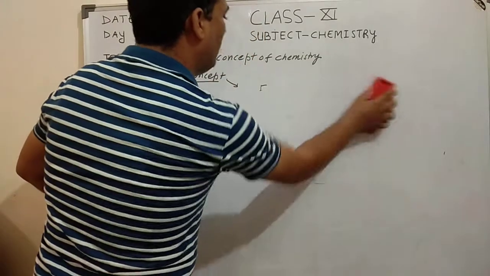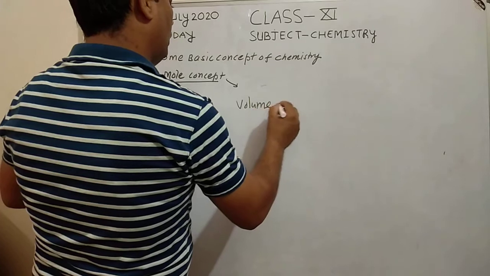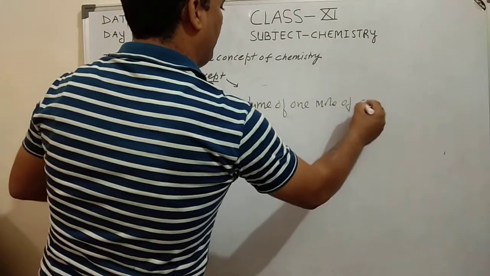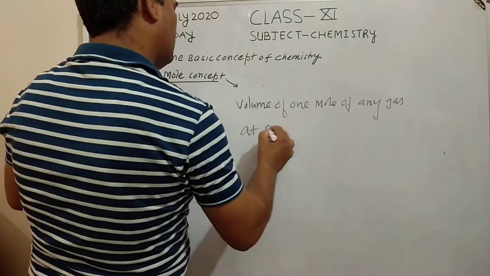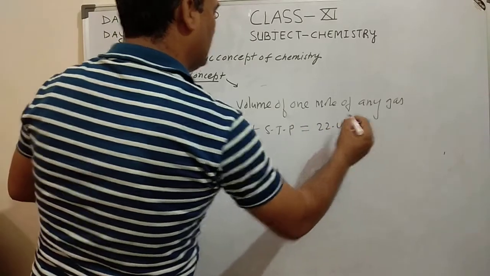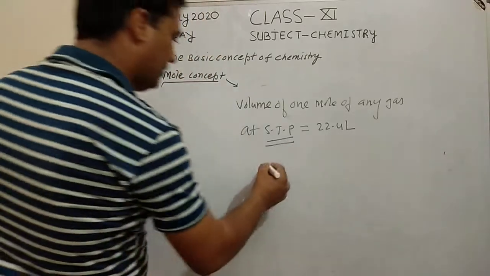Volume of 1 mole of any gas at STP is equal to 22.4 liter. STP means standard temperature and pressure.